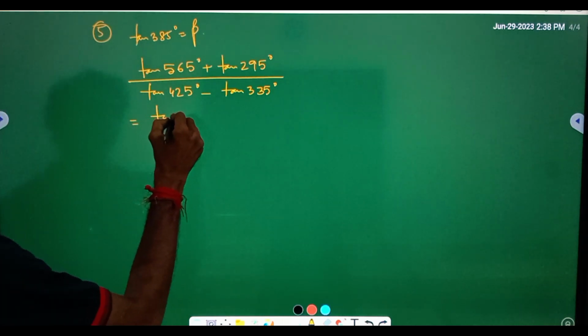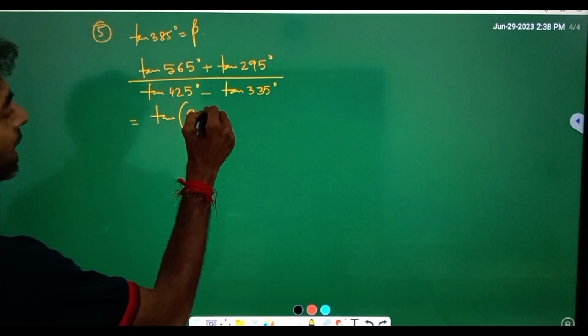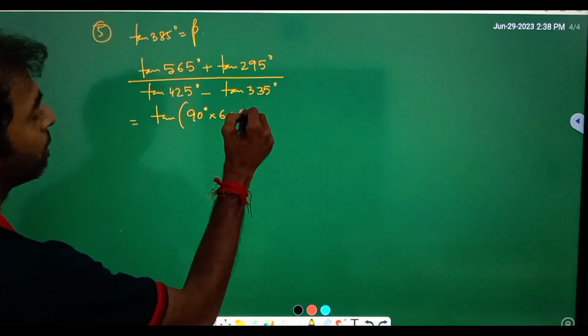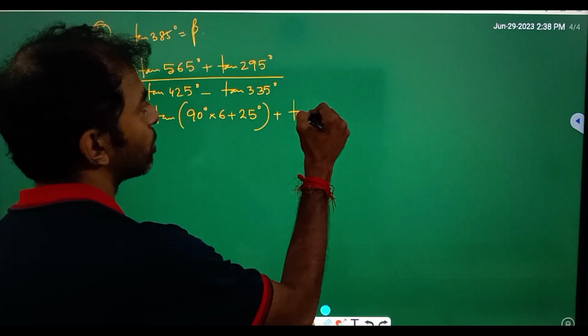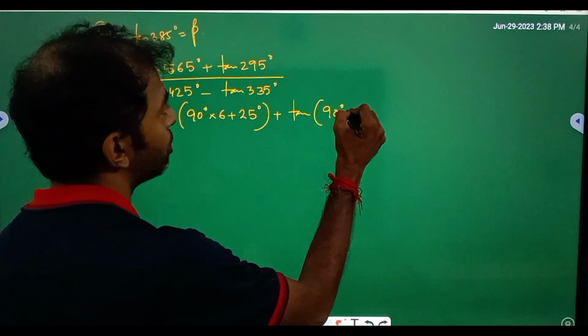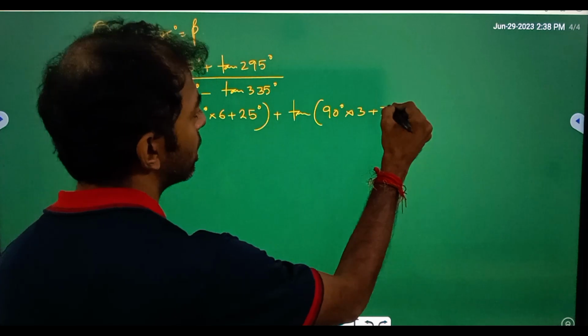Now, just look at this one. I am going to write this one as 90 into 6 plus 25 degree. I am going to write this one as tan(90 into 3 plus 25 degree), okay?